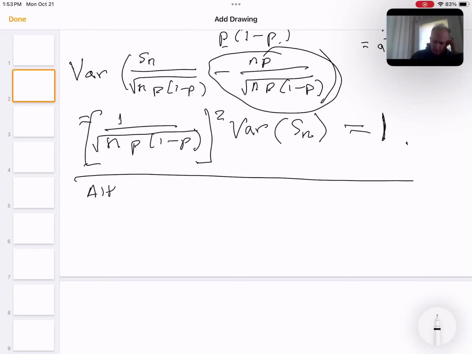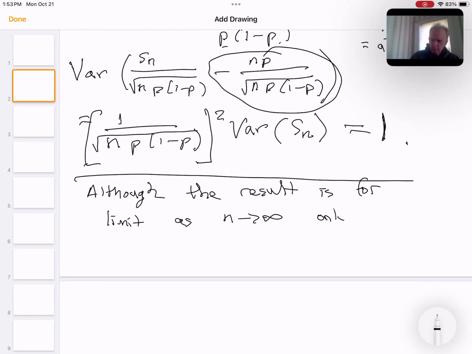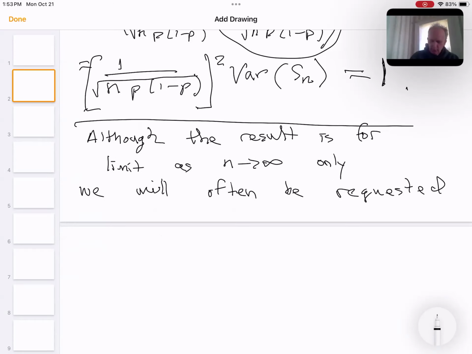Although the result is for the limit only, we will often be requested, both in the class and in further work, to approximate Sn by a normal random variable.